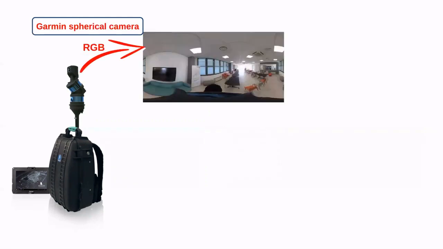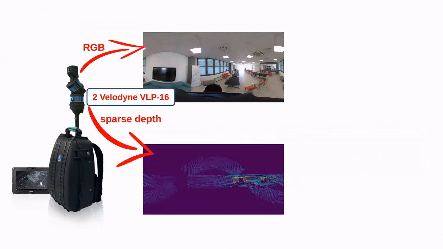For the pilot, the mobile mapping device used and improved within the project can be seen as a LiDAR RGBD acquisition, that is to say, a mobile device with a registered Garmin spherical camera that provides a panoramic image, and a Velodyne VLP16 that obtains a sparse depth map.